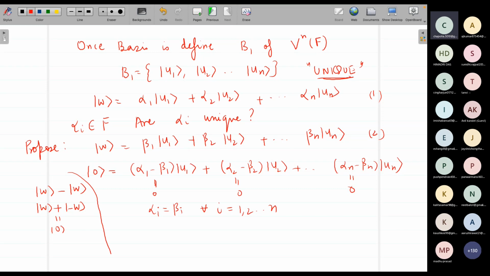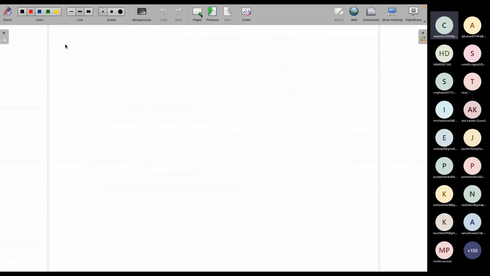Which means that now I can identify my vector W in this basis by a collection of alpha 1, alpha 2, and so on, an n tuple of scalars. In fact, I can now define my rules of addition in terms of just adding those n tuples of scalars.